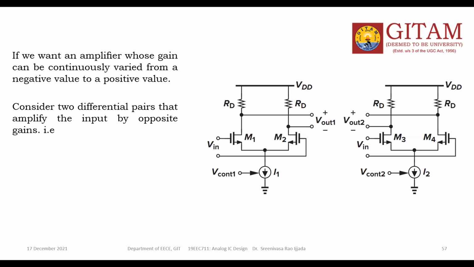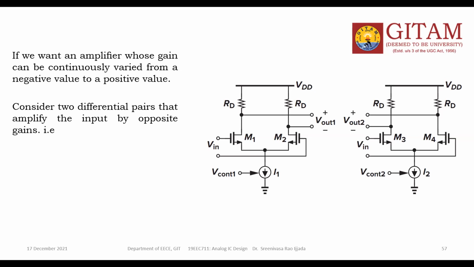If V control 1 is equal to V control 2, the currents are the same and cancel each other, so the gain is 0. If V control 1 is more than V control 2, you may get a negative gain. If V control 2 is more than V control 1, you may get a positive value. If both are the same, you get 0 gain. Like that, you are increasing the range of the gain variation.